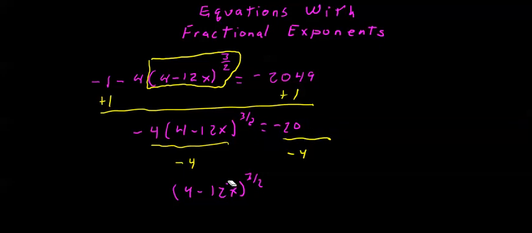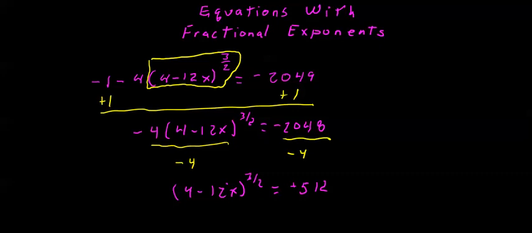No, that's not going away. This is 2048. Negative 2048 divided by negative 4 is positive 512.